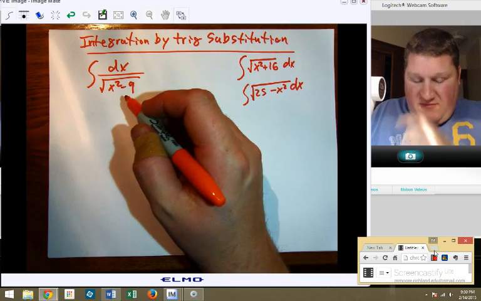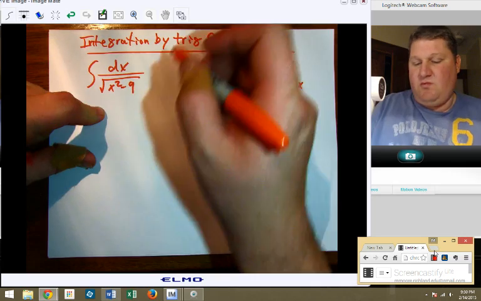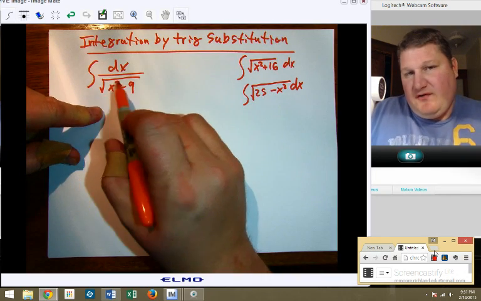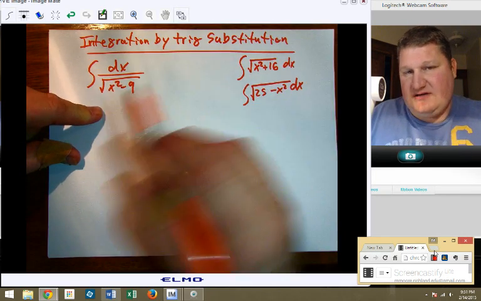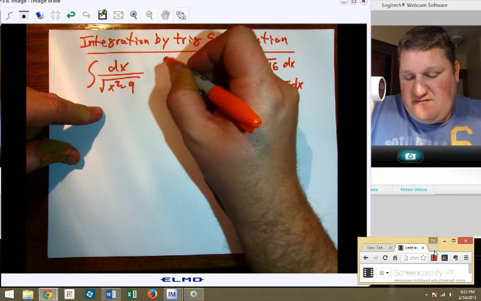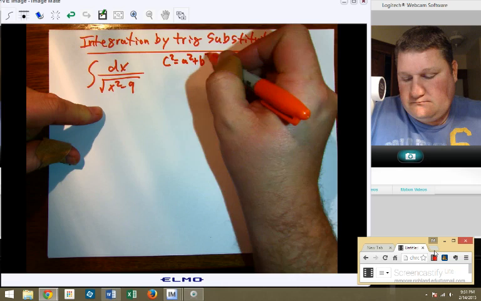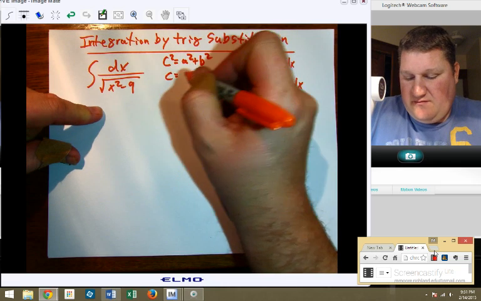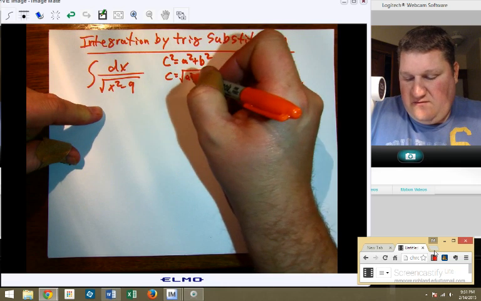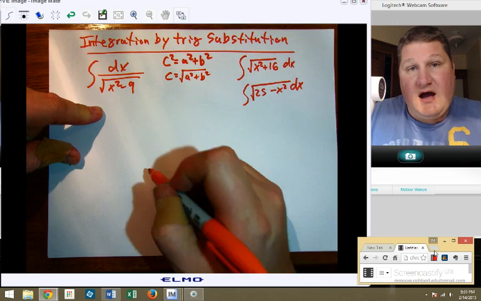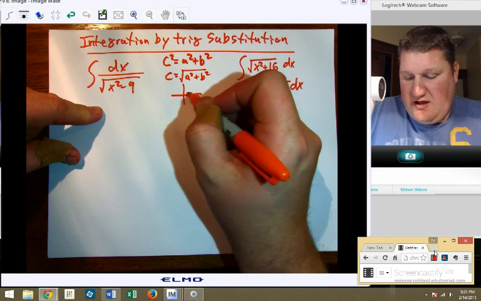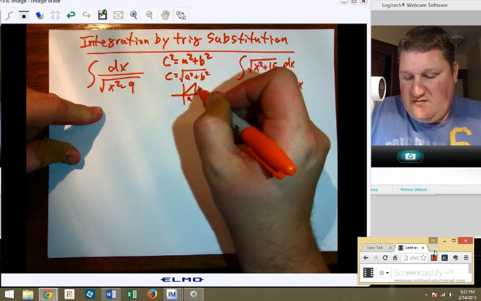What I have, though, is I begin to look at it and I say, well, wait a minute. Square root of something squared plus or minus something else. That looks vaguely like the Pythagorean theorem. So if I have something that is in this form, I know that I have a triangle with legs a and b.